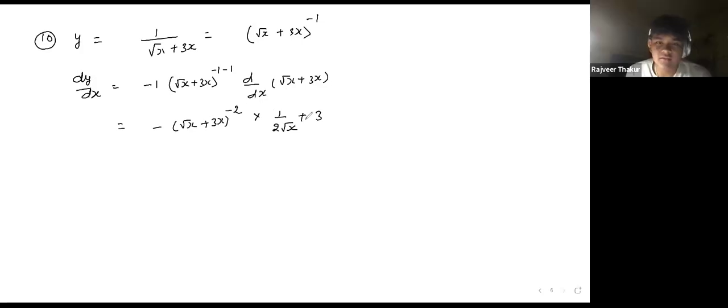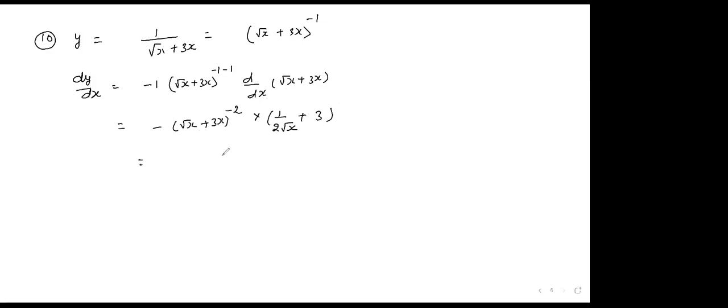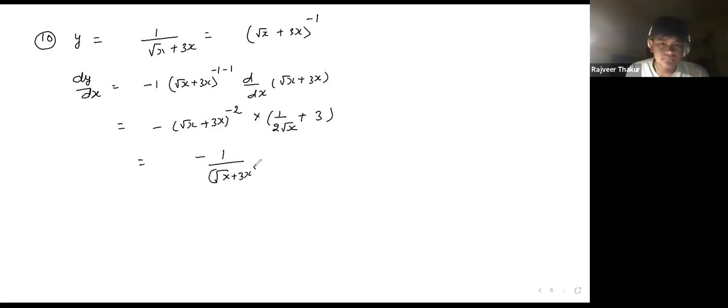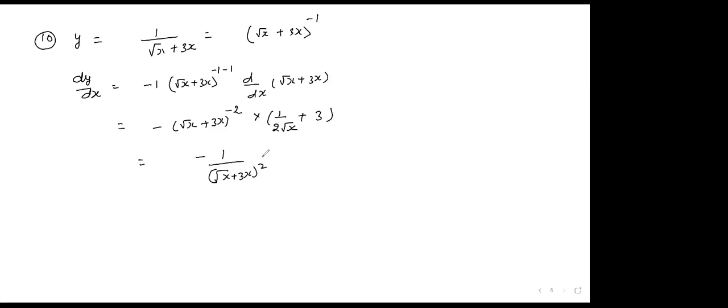And 1 times 3, 3. So this can be written as minus 1 over (√x plus 3x) whole square into (1 over 2√x plus 3).